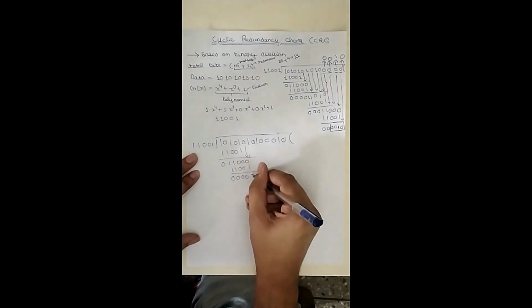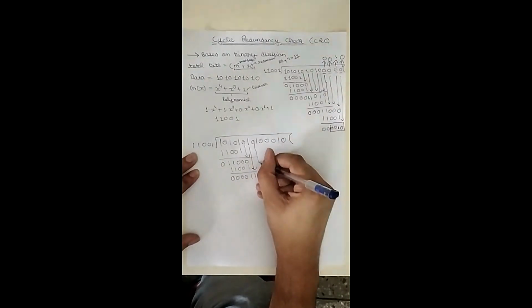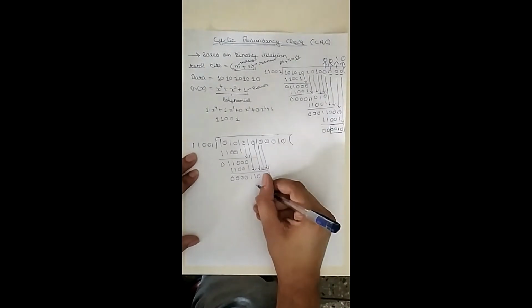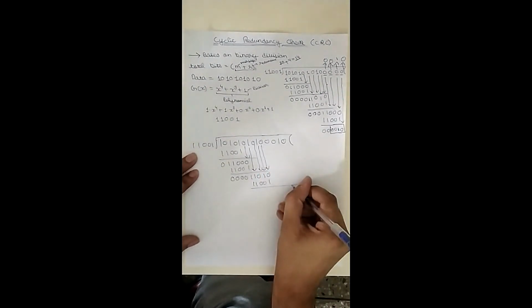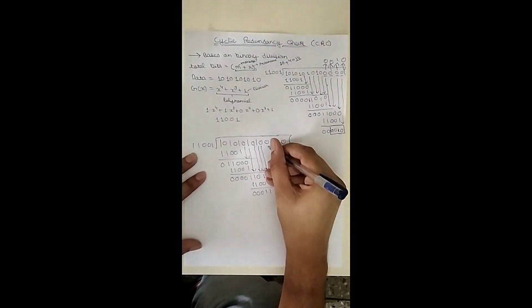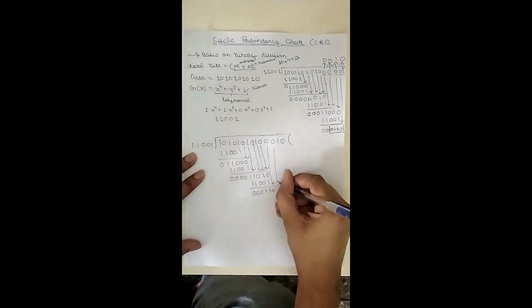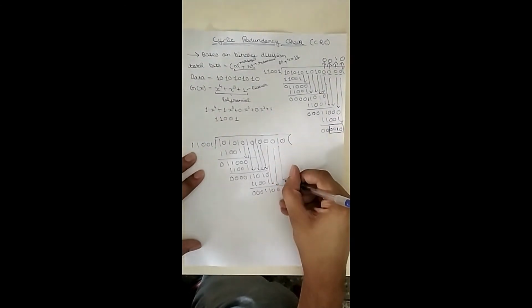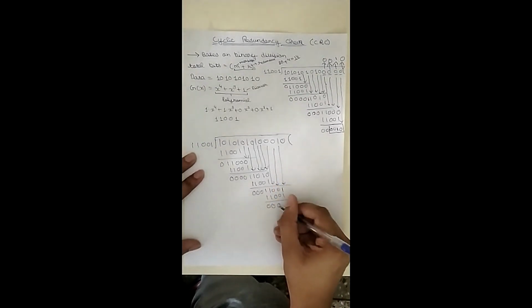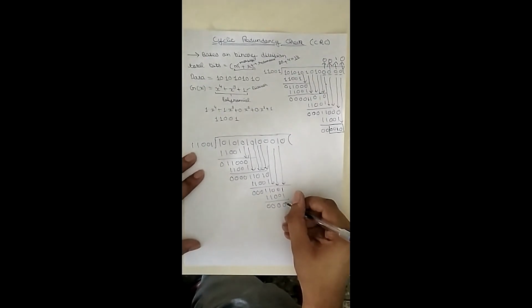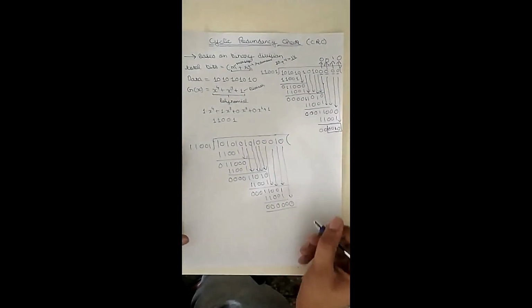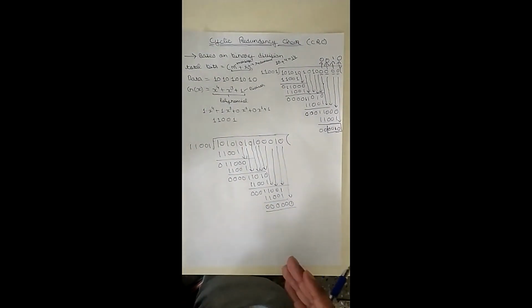It will be 0 0 0 0 1. 1 1 0 0 1, it will be 0 0 0 0 0. Okay, so now our remainder is 0. It means the data has been sent perfectly.